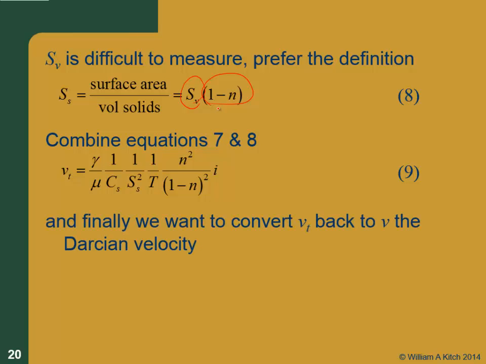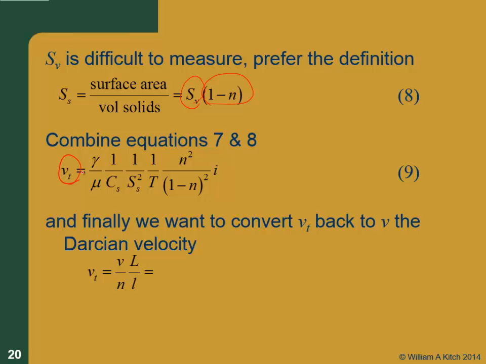All right. And finally, this is still the true velocity, but it's not the true velocity that I measure, it's the Darcian flux that I really want to measure. So I've got to convert this true velocity back to the Darcian flux, but if you remember, the true velocity is going to be equal to the Darcian velocity divided by n.